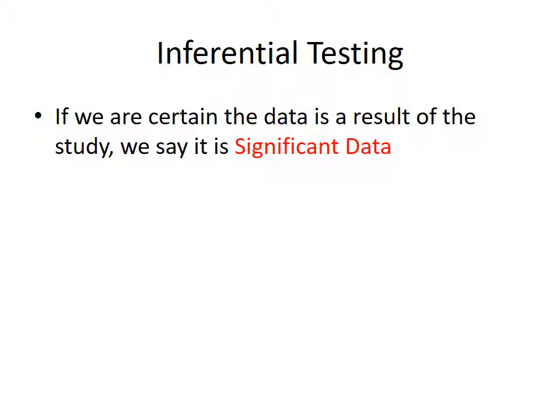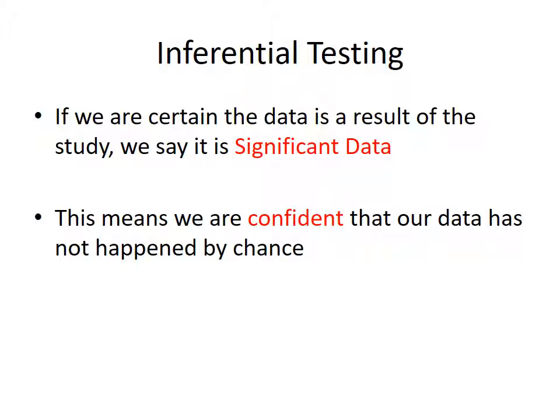Now if we're certain that this change in reaction speed is due to the IV, having the drink or not having the drink, then we're saying it's significant. We're confident the data has not happened by chance. So people in the condition with the drink have been quicker than people in the condition without the drink.